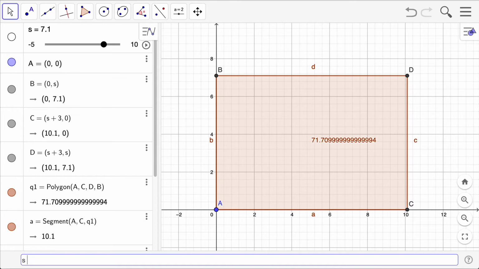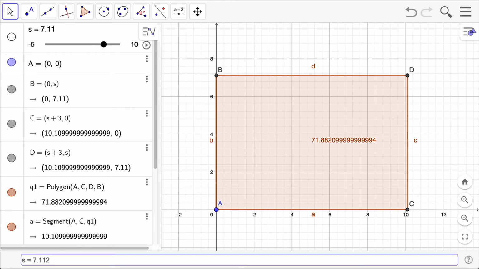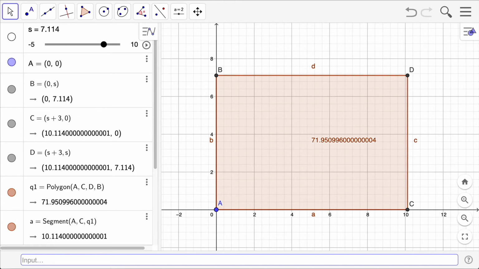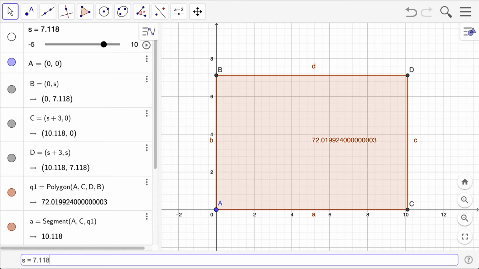Okay, so that was 77.1, and we have 1, and then 2, 4, 6, 8, 7. Okay, 77.117 is pretty close.